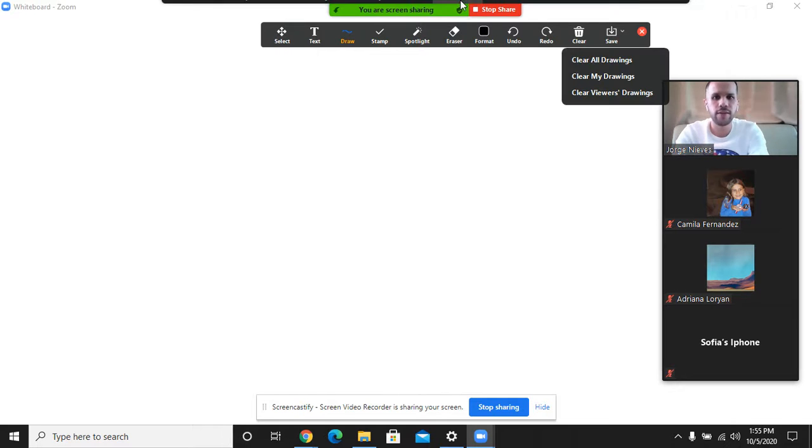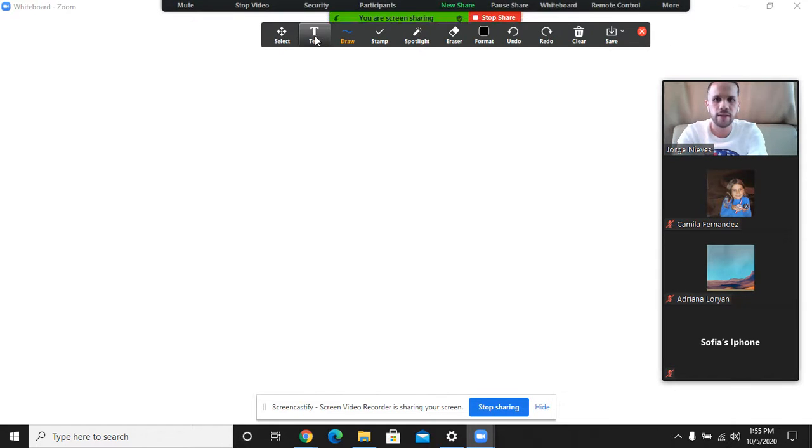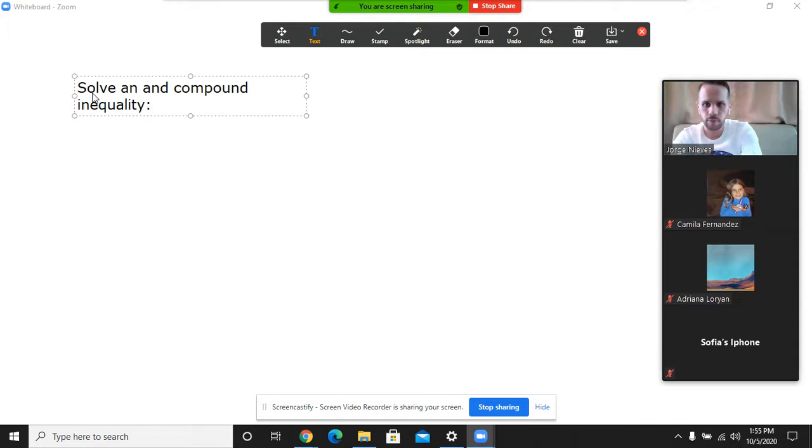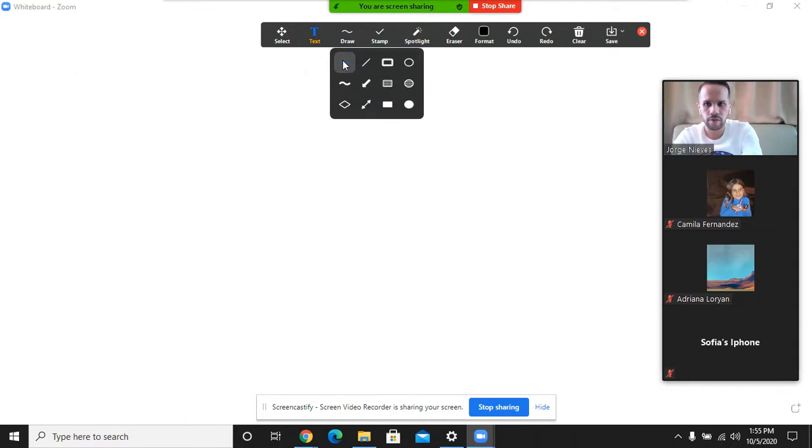I'm going to do one problem or two of those, okay? It's how to solve a compound inequality, okay? We saw this in class also. So let's see one example very quick of how to solve a compound inequality.